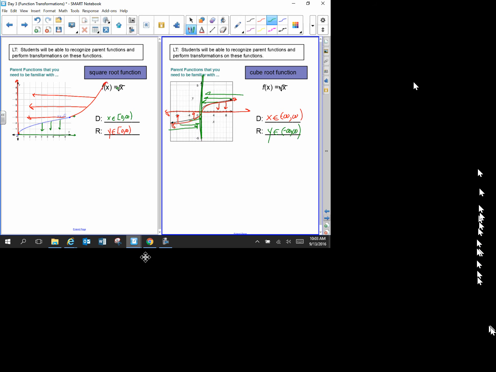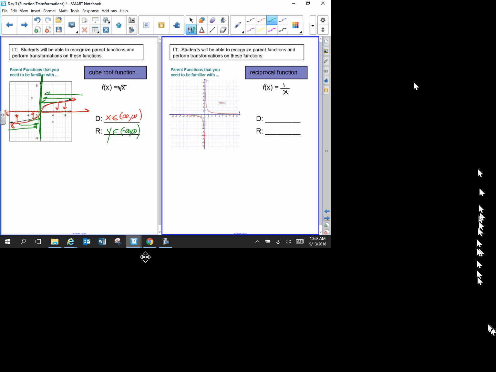Alright, reciprocal functions. It has two branches. We have this one right here where it's going to get close to, does anybody remember what these things are that they get really close to but they never touch? Asymptotes. Yep.